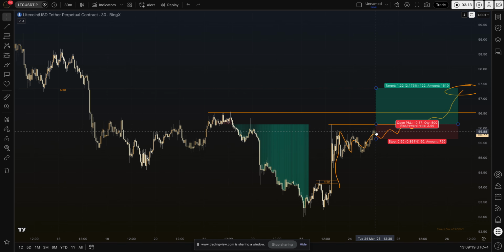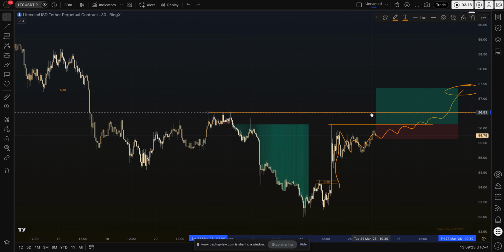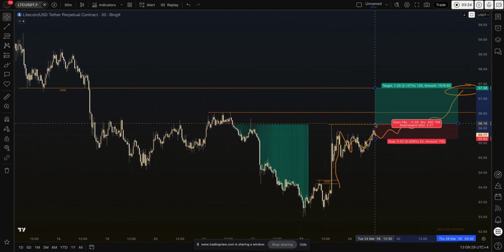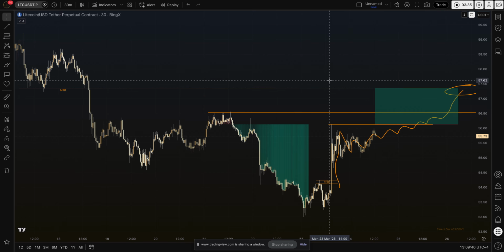So we wait for the breakout structure here. As soon as we get the breakout structure, this is a smaller check mark for us. Once we reach this point, we would move our stop loss to the entry point, the break-even stop loss. And from here on, we would just glide to the upper zones.